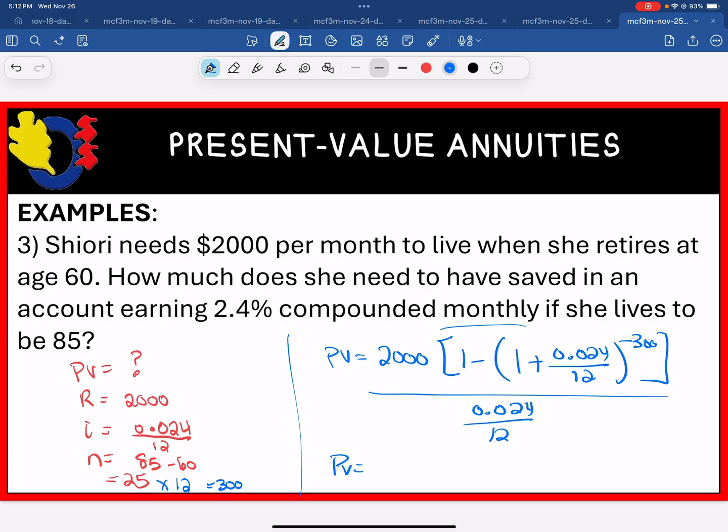Please be careful when you're plugging this into your calculator. Some calculators you can plug this in right away. I know on my calculator I have to open up a series of brackets. So for me, I type in 2,000 and then I open up 3 brackets. 1, subtract, then I open up 2 more brackets. 1 plus, then I open up another bracket. 0.024 divided by 12.